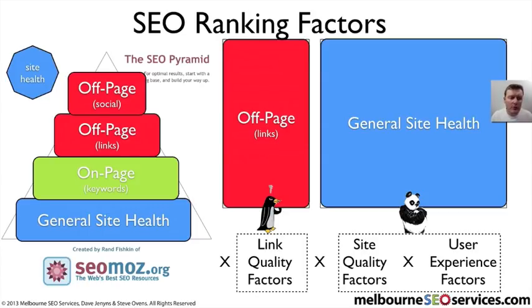And then finally, you've got to make sure that your off-page links are healthy, that you're getting links from relevant authoritative sites in your market space that are helping you to rank for the keywords that you're going after. Just as an aside, when we look at links, internal links between your pages are also important.